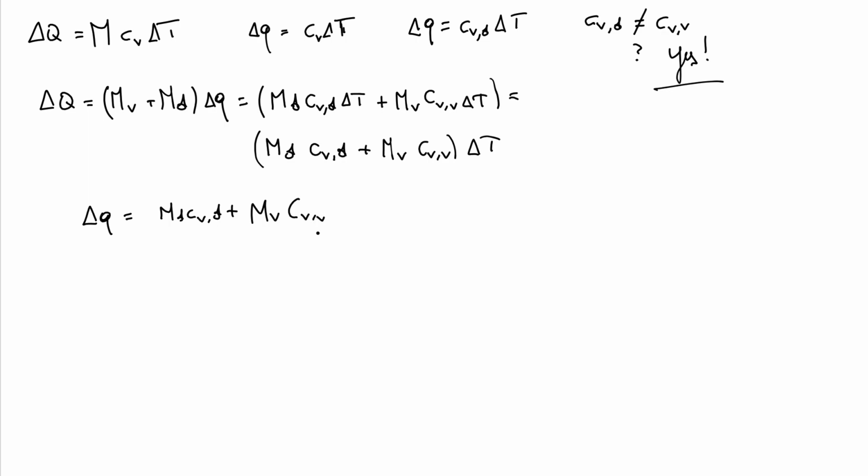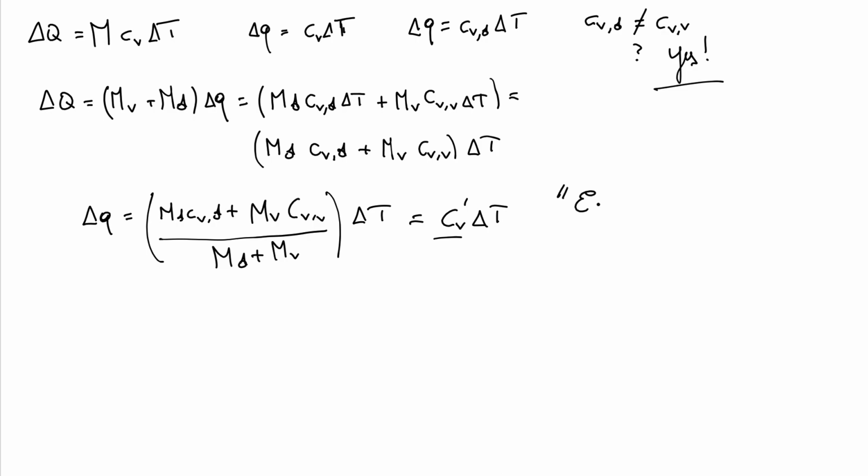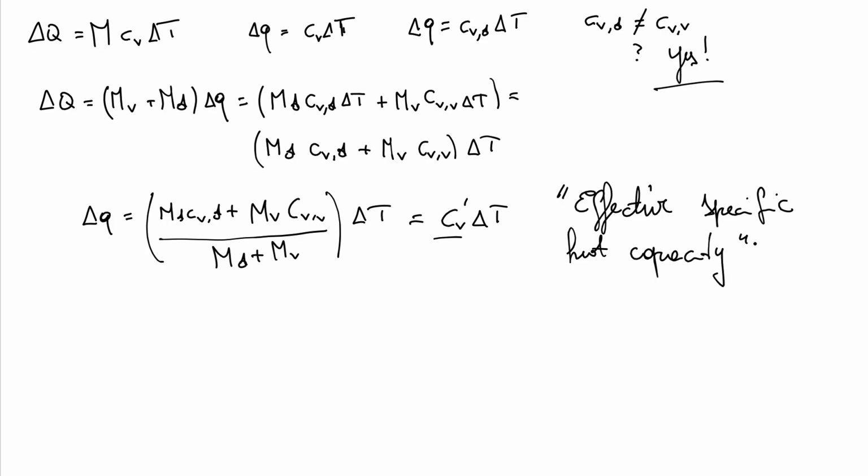Let me rewrite it. We could also write it simply as CV prime delta T. What is CV prime? Well, CV prime is the quote unquote effective specific heat capacity at constant volume, of course.